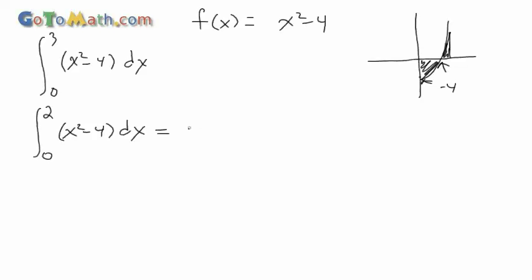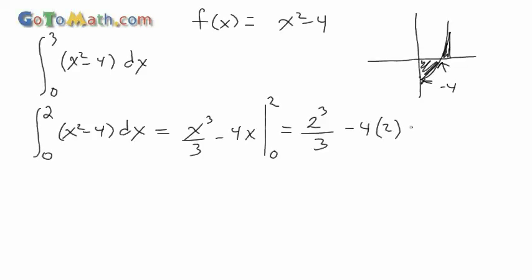All right, so we end up with x to the third over 3 minus 4x, going from 0 to 2. Go ahead, plug it in. So we have 2 cubed over 3 minus 4 times 2, and we can get some number there, but let's just go ahead and do the other one now.